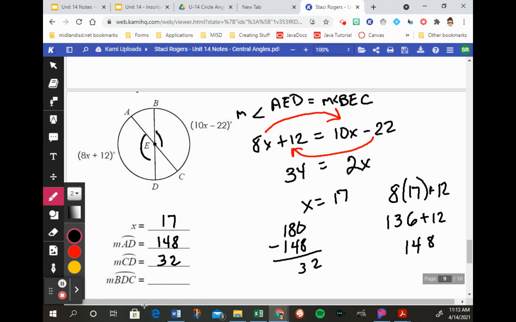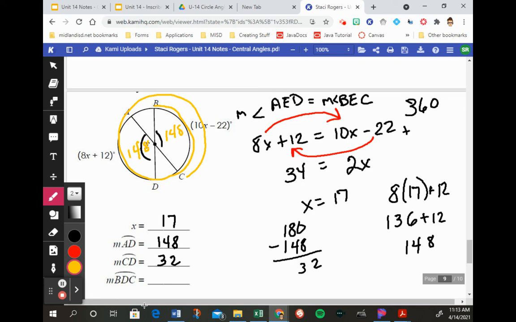So 360 plus BD all the way back around to C. So if this one is 148, this one's 148.